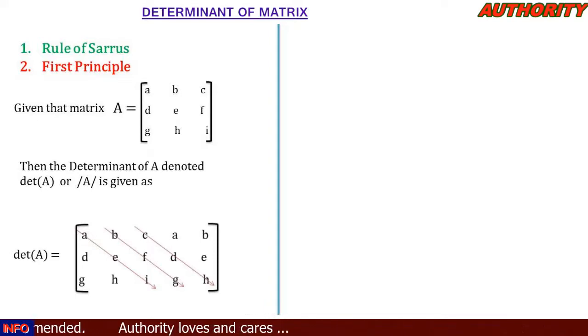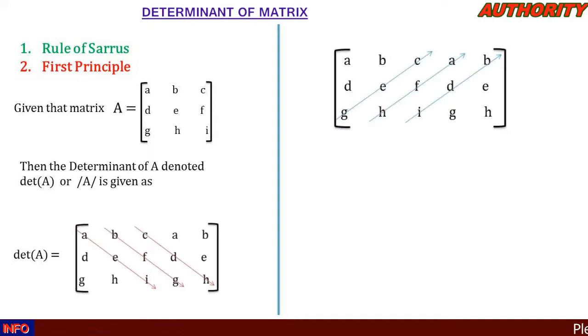Now also for the other diagonals, or the minor diagonals, you're going to draw the line CEG, also the other diagonal AFH, also the other diagonal BDI.